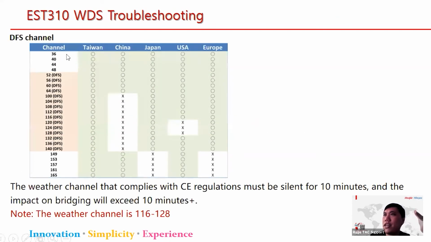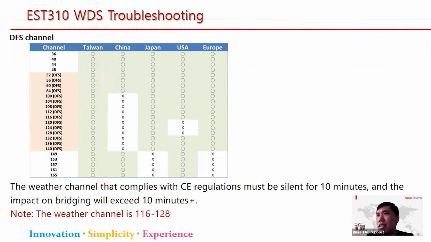And then the DFS channel I mentioned just now. Sometimes you adjust or configure the channel to fall under 116 until 128. There is a 10-minute grace period, during which there will be silence. You need to wait 10 minutes, and only then will the bridging come up, because you selected a channel between 116 and 128.